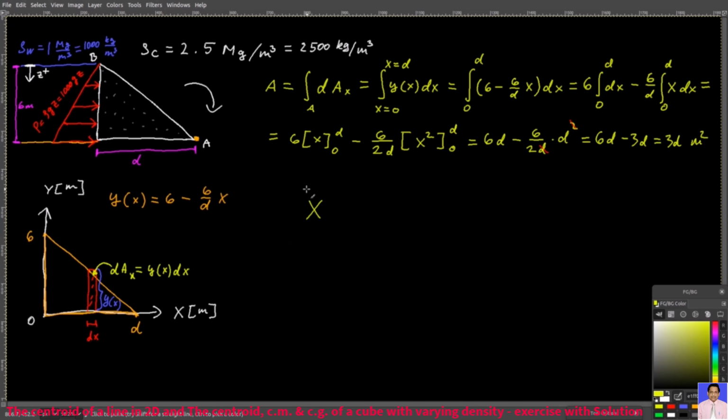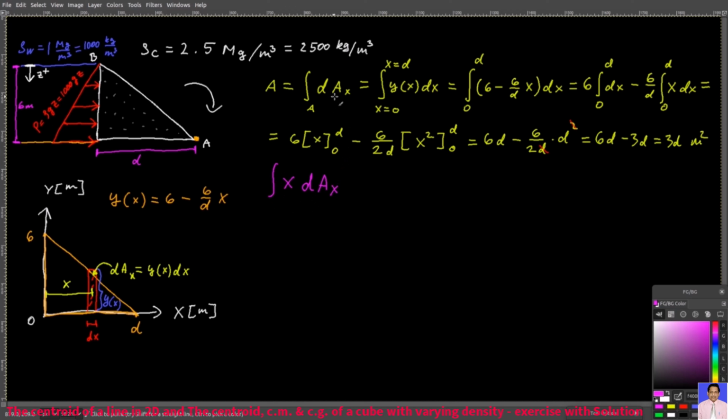And then, in order to get my x bar c, which is the centroid of this cross-section in the x dimension, you have to take this dAx that you have here, and you have to multiply it by the distance that separates this dAx from your y-axis. In other words, you have to multiply dAx by x, and you have to do that for all the differential areas in this cross-section, which means that you have to integrate this product.